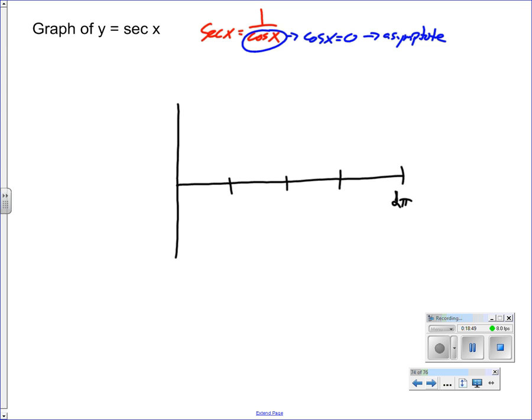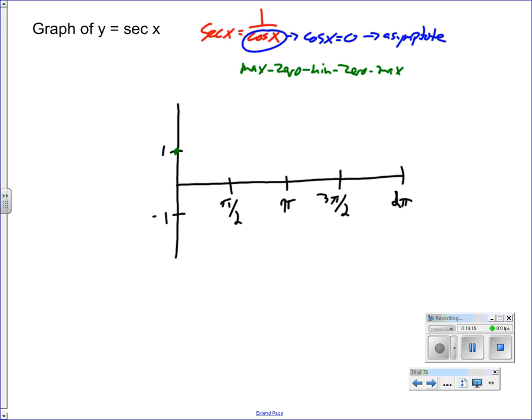We have 2 pi, pi, 3 pi over 2, pi over 2, and mark off 1, negative 1 along the y-axis. For cosine, remember our 5-point pattern is max, 0, min, 0, and max.